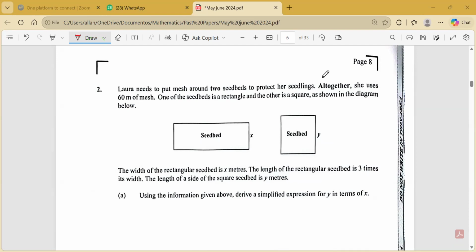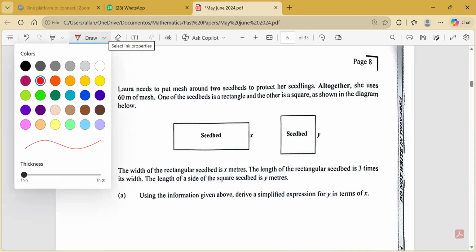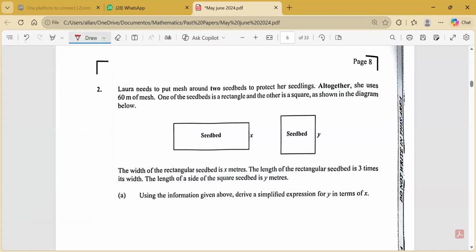Laura needs to put mesh around 2 seedbeds to protect her seedlings. Altogether, she uses 60 meters of mesh. One of the seedbeds is a rectangle and the other is a square. As shown in the diagram below, the width of the rectangular seedbed is x meters. The length of the rectangular seedbed is 3 times its width.